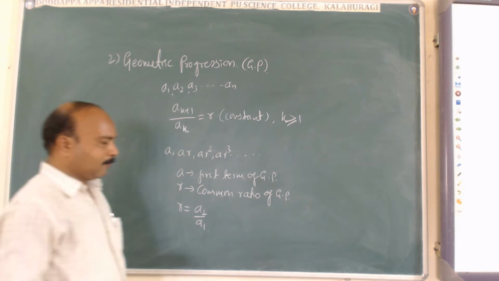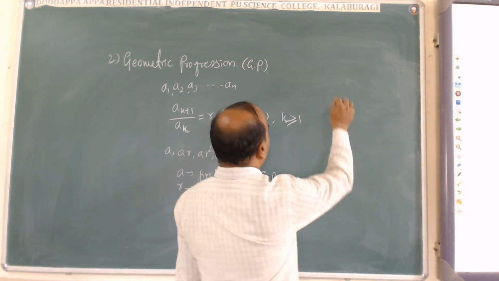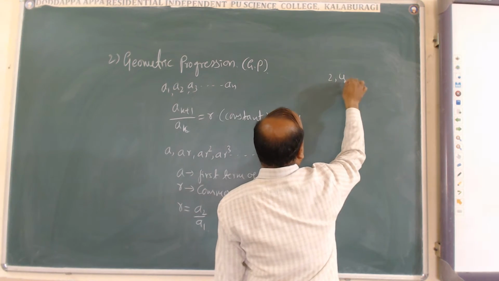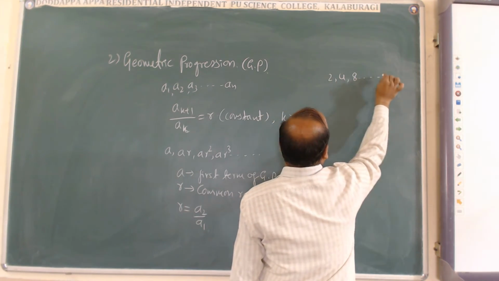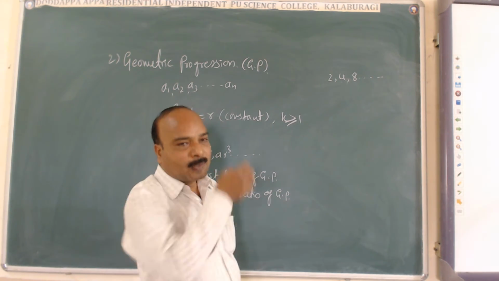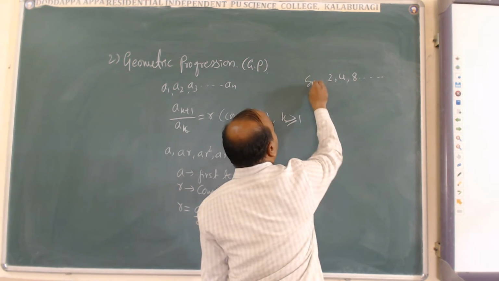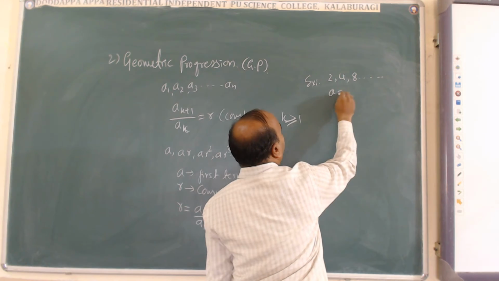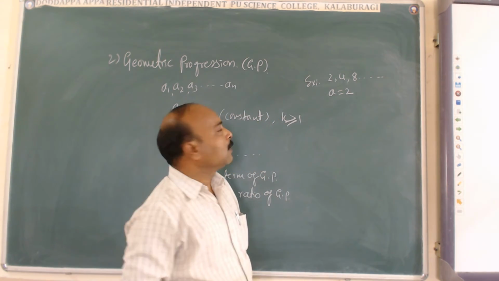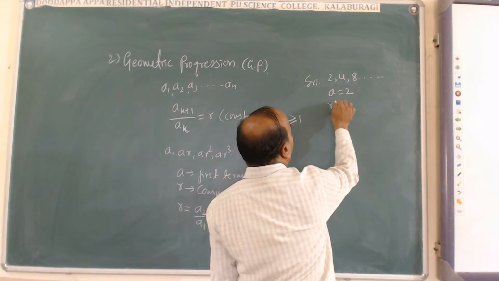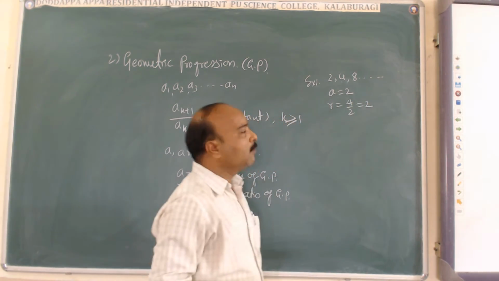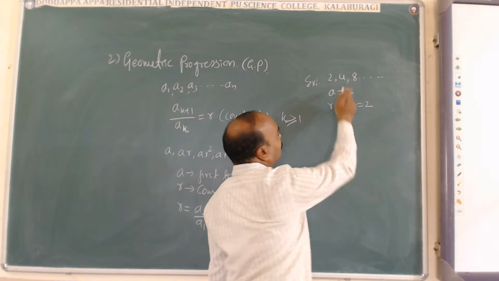Now if you want to create a geometric progression, if you take 2, 4, 8 and so on, and write like this, it is a geometric progression. Here we observe that the first term is 2 and the common ratio is r equal to 4 by 2, which is 2. If you take 8 by 4, then also it is 2.